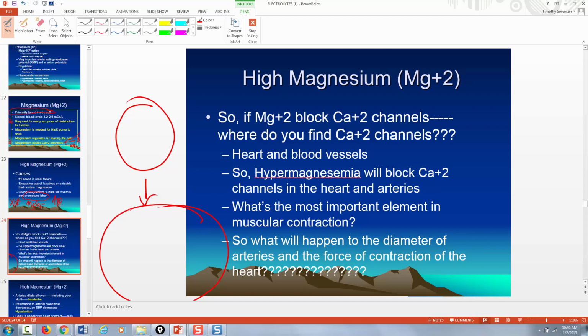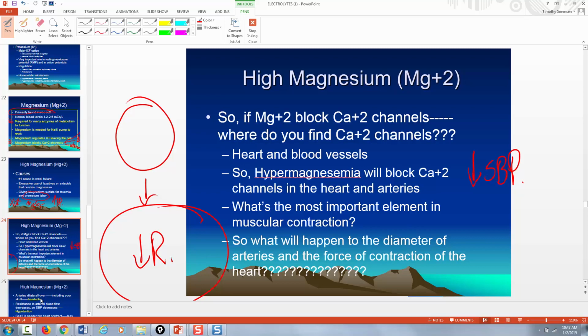It causes arterial vasodilation. So, if the diameter of the artery gets bigger, then the resistance to blood flow drops, and that drops your systolic blood pressure. So one of the side effects of administering magnesium sulfate is low blood pressure.